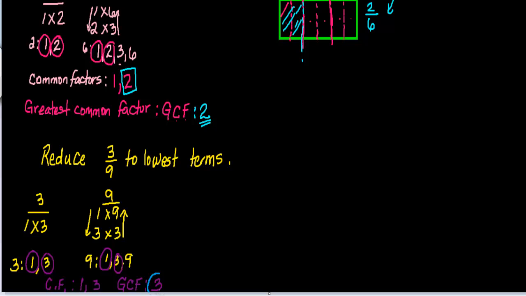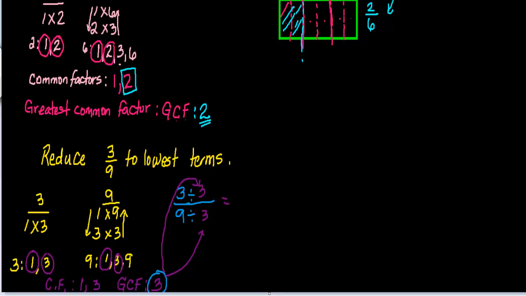This number 3 is the number I'm going to use to reduce 3/9, and this is what I'm going to do. 3 over 9, and I take the numerator and the denominator, and I divide both of them by the greatest common factor, which is 3. I use it to divide the numerator and the denominator.